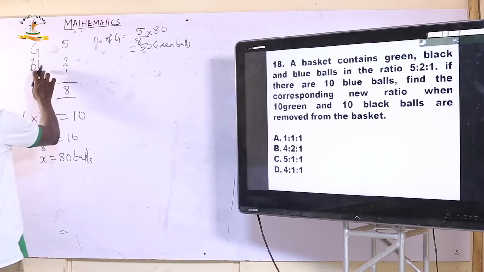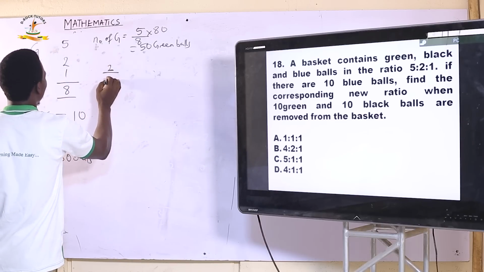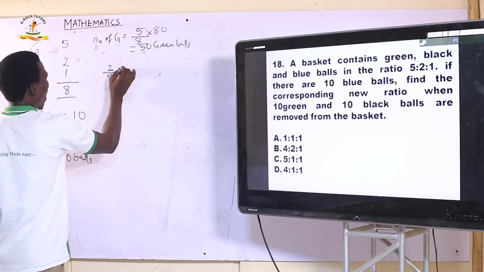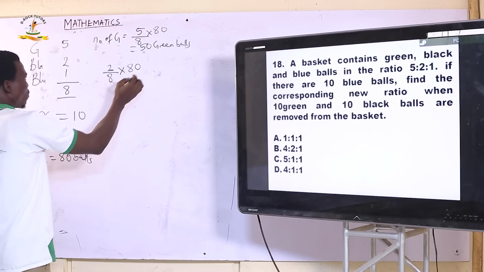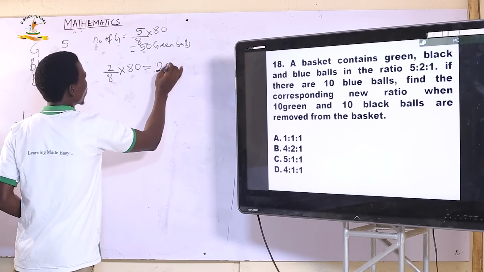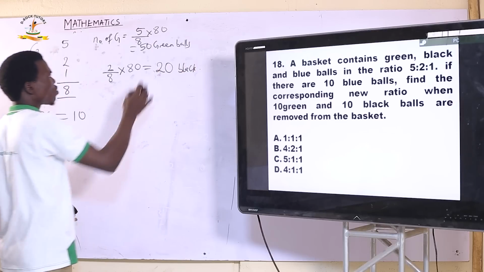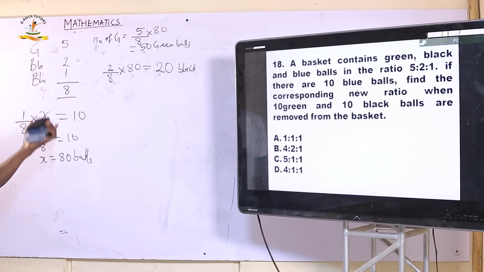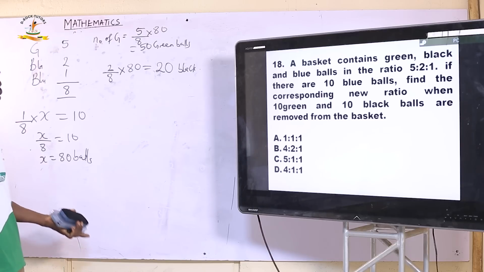It's going to be what? Ratio of the black, that is 2, to the total ratio, which is 8, multiplied by the total number of balls, and that is 80. And if you do this very well, you're still going to get 20 black balls. So there were 20 black balls originally, 50 green balls originally, and 10 blue balls.